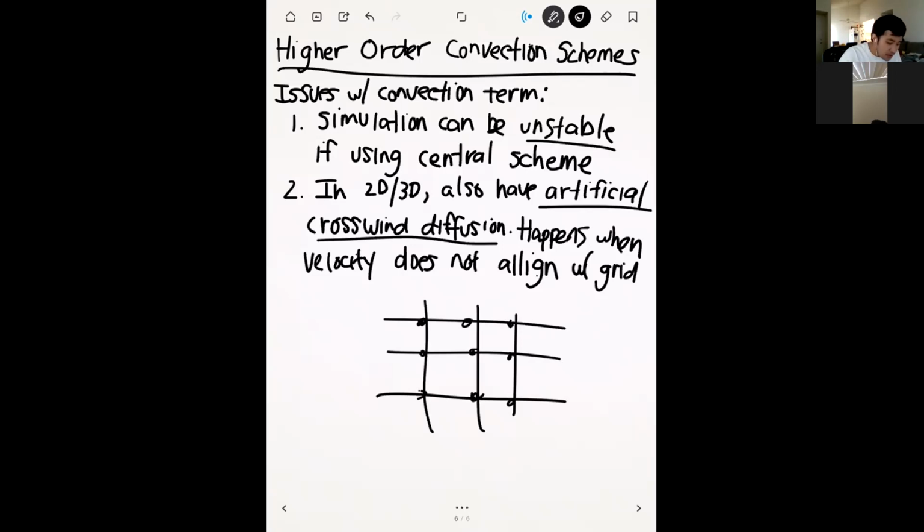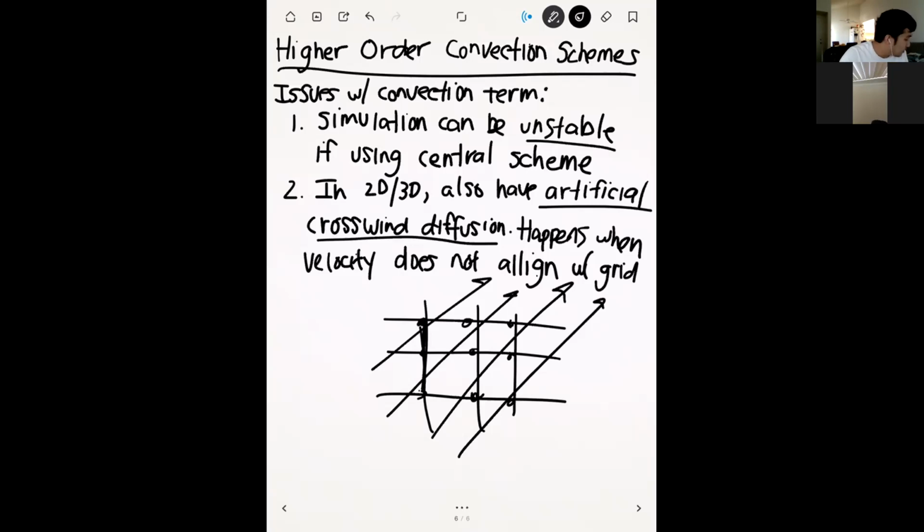What can happen sometimes is we could have velocity vectors that go like this, at a direction that's oblique to the grid. Because we're using a scheme that's aligned with the grid, we get some artificial diffusion that makes our result a lot less accurate than it should be.